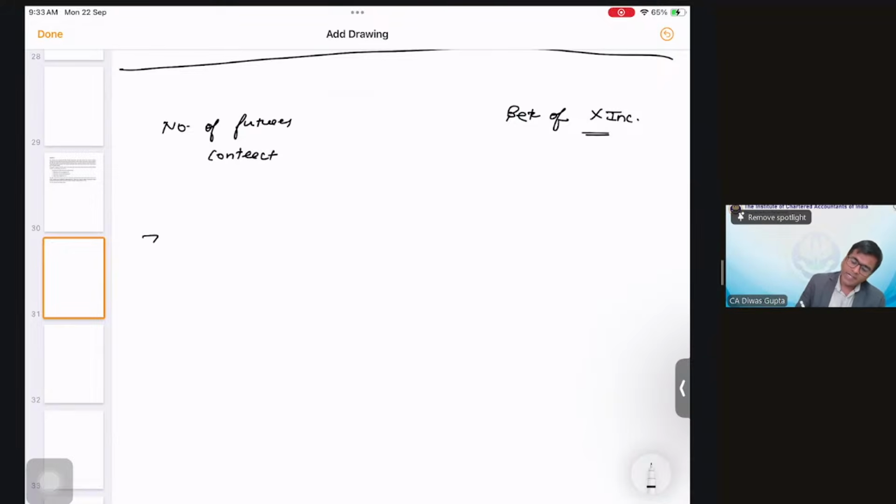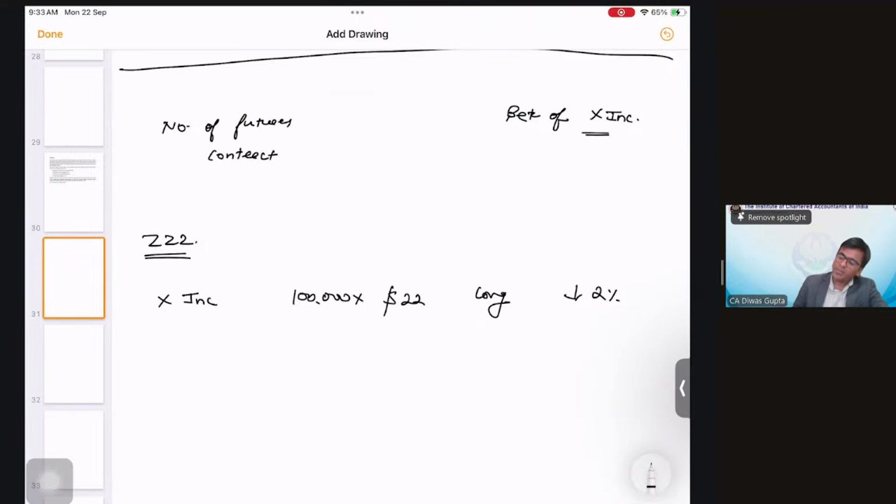So let's create this portfolio of Mr. ZZZ. X Inc.: 1 lakh shares into $22. It was taken as a long position, but the share prices have moved down by 2%. APLC: 50,000 shares into $40.